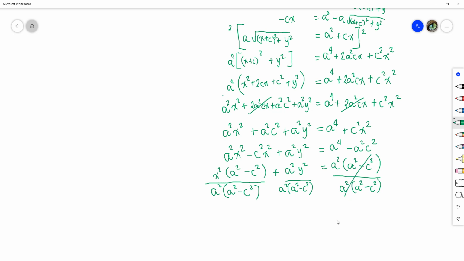So just 1 remains there. Here, a squared can be divided out. So we can have y squared over the quantity of a squared minus c squared.